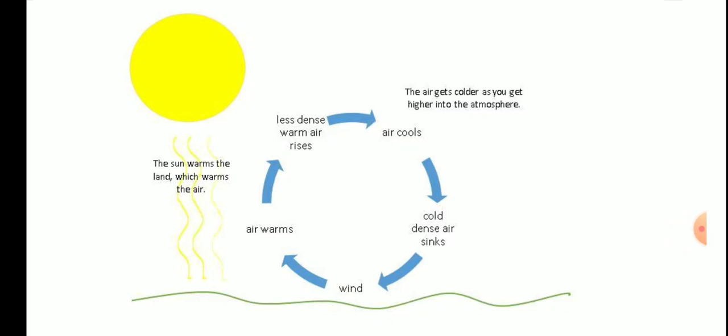Then we discussed how air exerts pressure. A simple activity was shown: a can which contains hot water, due to which steam is also produced inside it. When cold water is poured over it, what happens? The steam condenses and forms water.